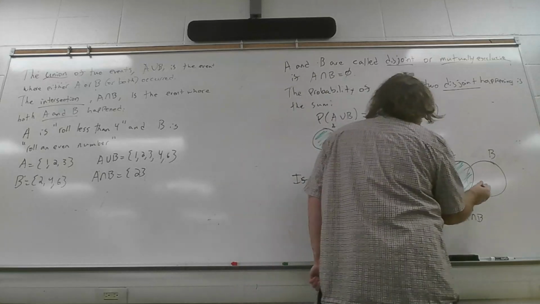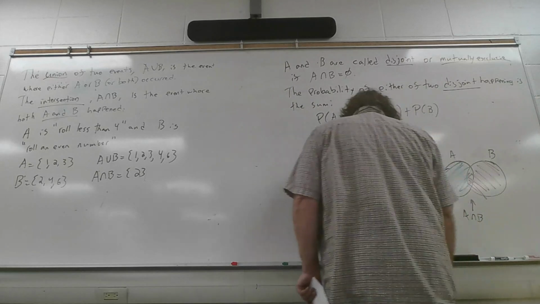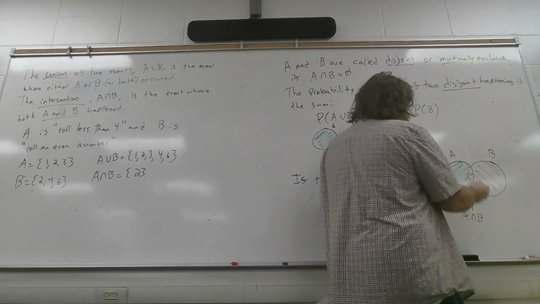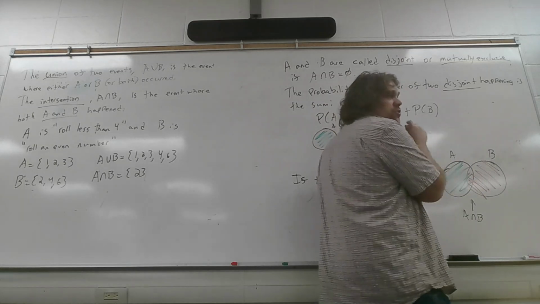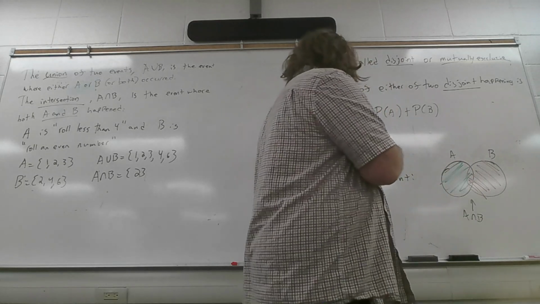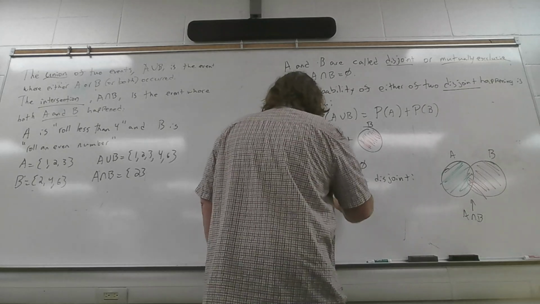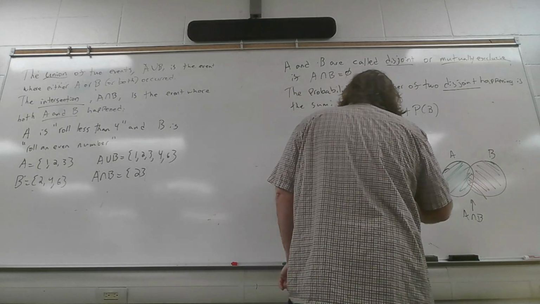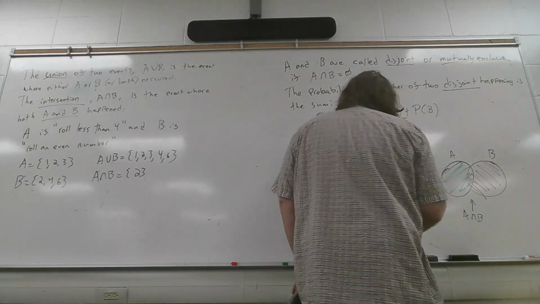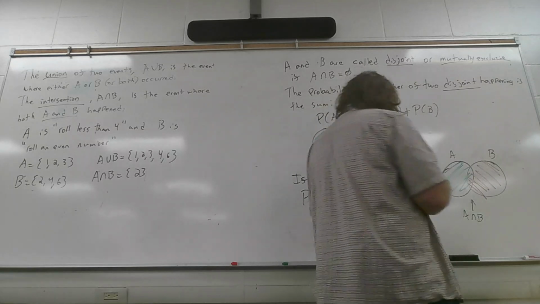And then the other one, I will shade the other way. We notice a bit of a problem here. This intersection we've just shaded twice, right? We shaded it green, but we've also shaded it red. So the probability of A union B, it is the probability of A plus the probability of B, but we sort of have to take away one of these, right? We have to take away one of those colors.